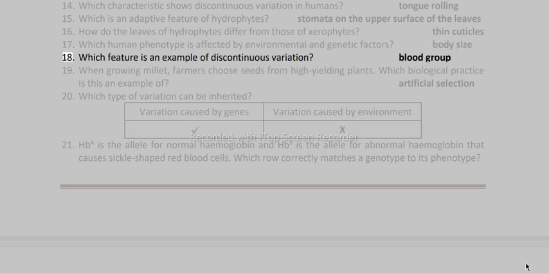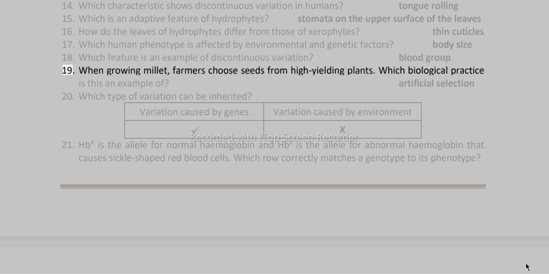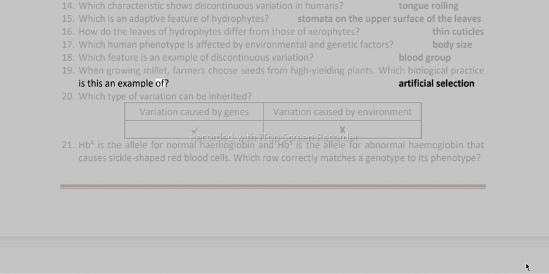Body size. 18. Which feature is an example of discontinuous variation? Blood group. 19. When growing millet, farmers choose seeds from high-yielding plants. Which biological practice is this an example of? Artificial selection. 20. Which type of variation can be inherited? Variation caused by genes, not variation caused by environment.